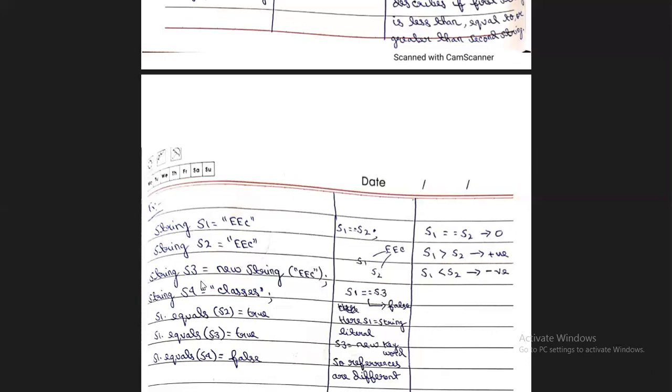At last, in the fourth example, we use String s4 = "classes". So in three examples the value is EC, but in the fourth example the value is classes.